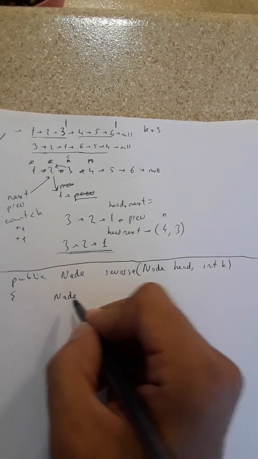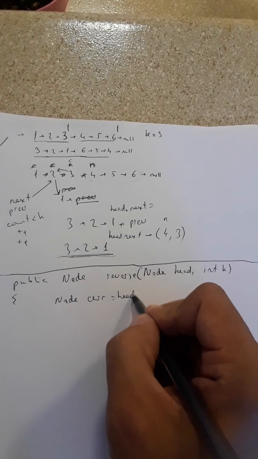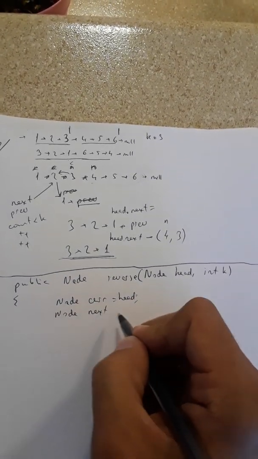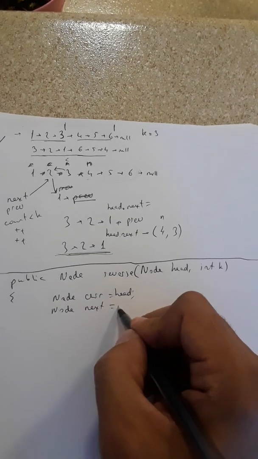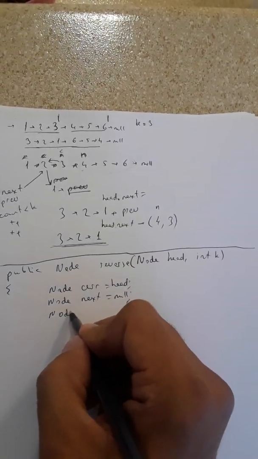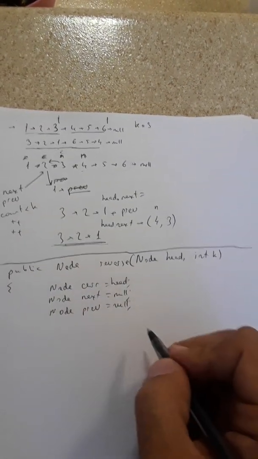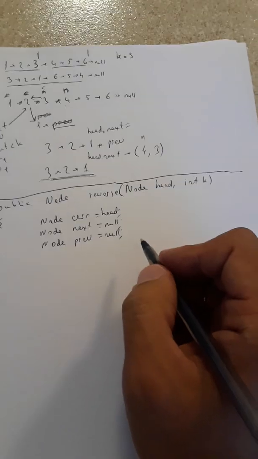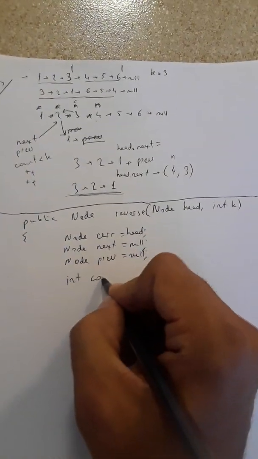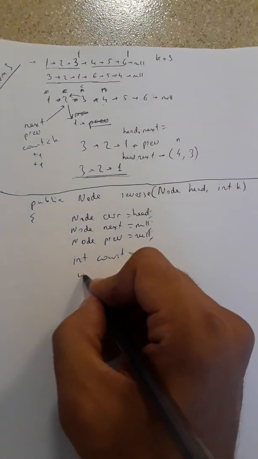There will be a declaration of current equal to head, also of the next node, whose initial value will be null. Also the previous node, initial value null, and at the same time a counter with the initial value equal to 0.